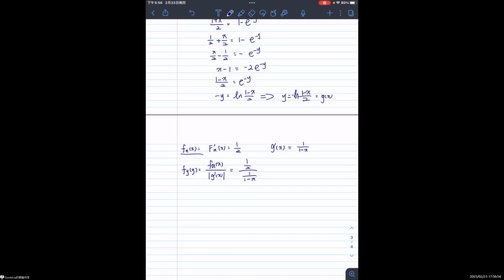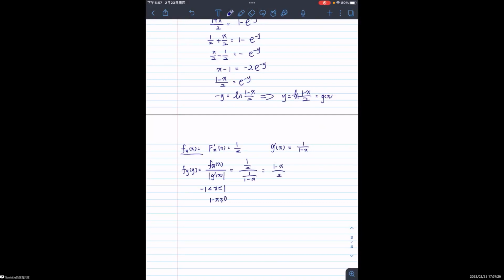To remove the absolute bar, because x is greater than -1 and less than 1, which means 1 minus x must be greater than 0, so we don't need to worry about the absolute bar. And for now, we have (1 minus x) over 2.